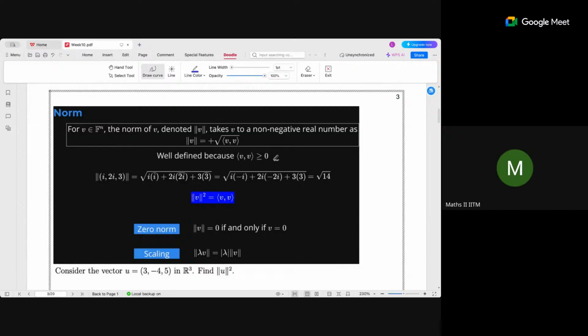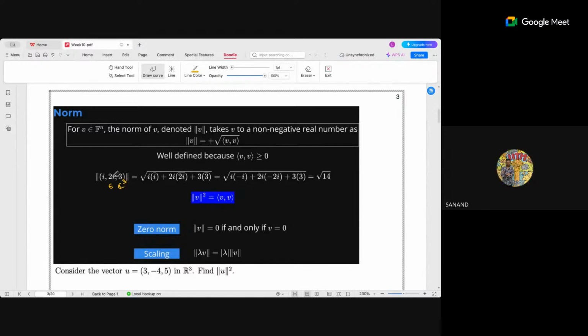Already we know that the inner product v comma v is non-negative for any v, so the square root is well defined.